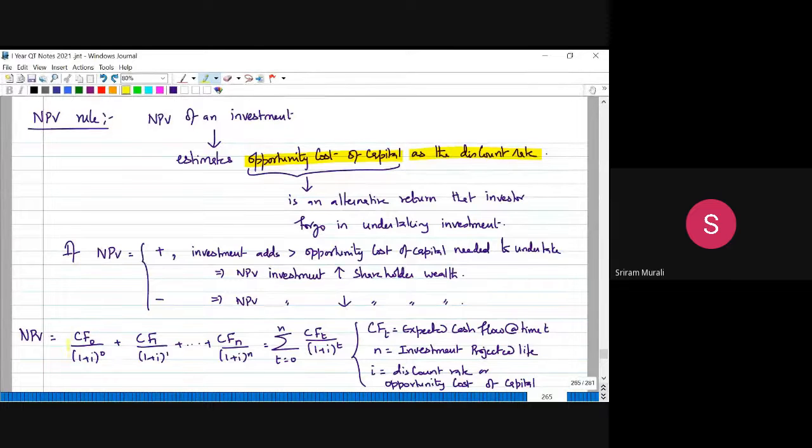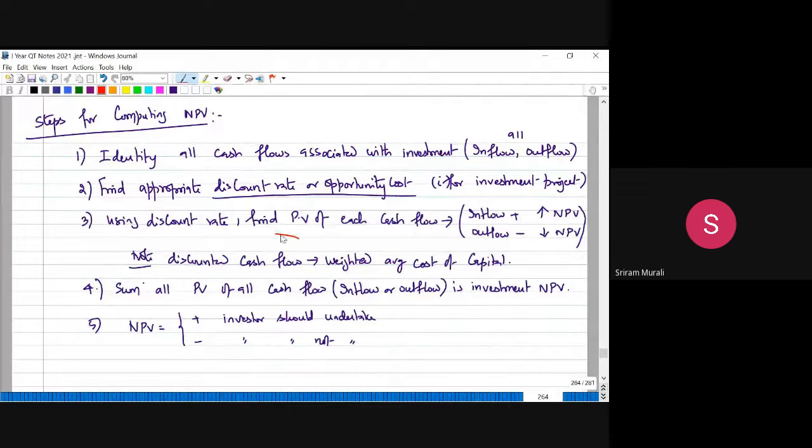This formula we have learned in present value of annuity, that is A divided by (1 plus i) to the power n. Here A is acting as a cash flow: CF0, CF1, CF2. CFt is an average cash flow, which is why I said discounted cash flow is a weighted average cost of capital.